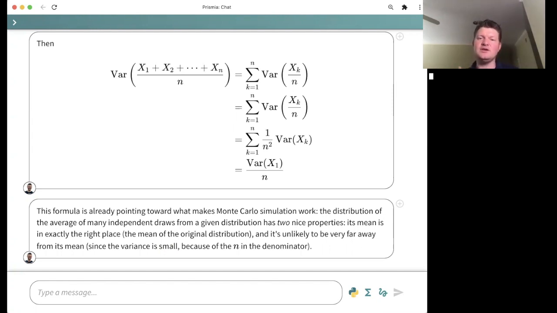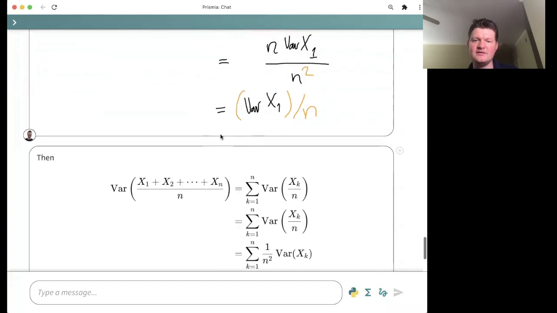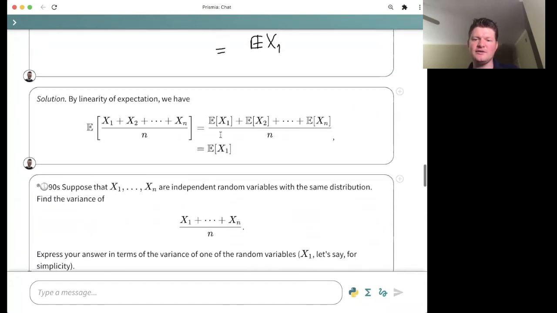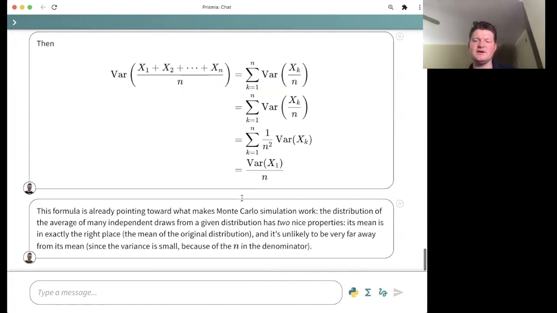So this is what you're doing when you do Monte Carlo simulation: you sample from a random variable a whole bunch of times and you average, and you figure that's pretty close to the actual mean of this distribution. This is why it works. This little formula here, combined with the same one for expectation, is what makes it all go. So that's a good stopping point.